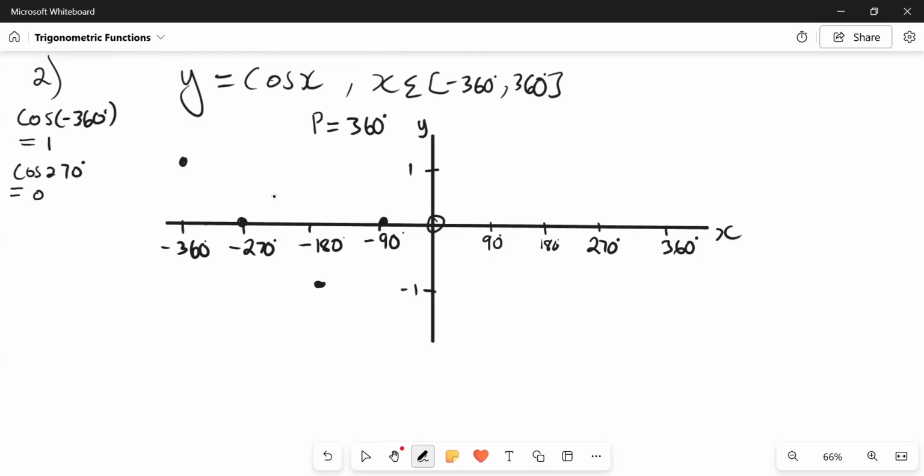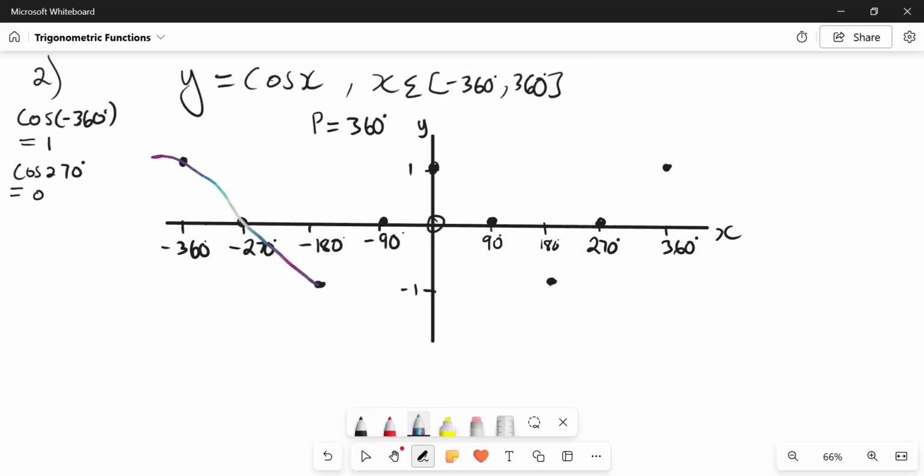And then cos 0, that's positive 1. And then cos 90, 0. Cos 180, it's negative 1. And then cos 270, 0. Cos 360, that is 1. Right? Now, the only thing that we're left with is to just join the points.